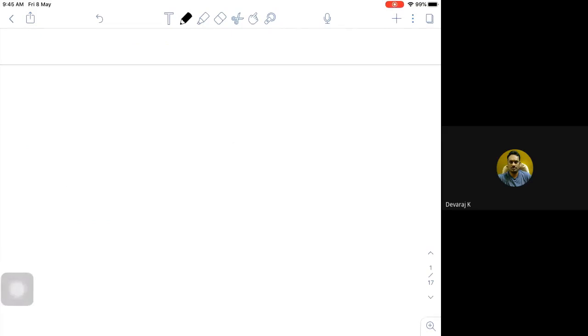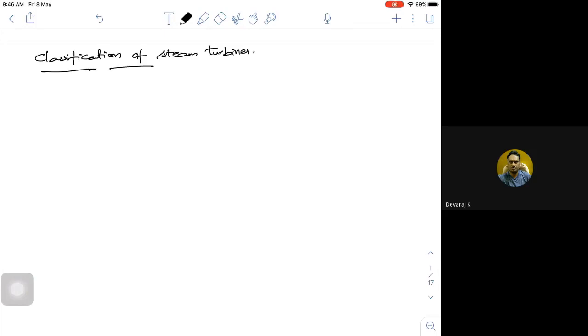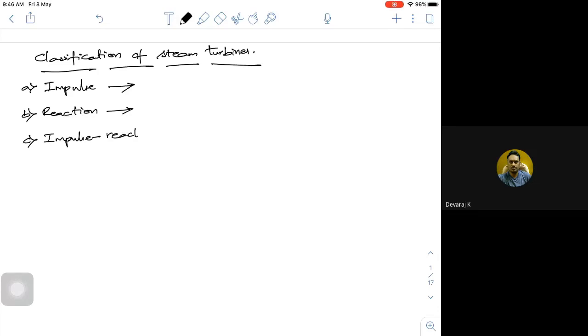Major classification: it is classified into impulse, and then reaction, and the third one we have, impulse and reaction combined.